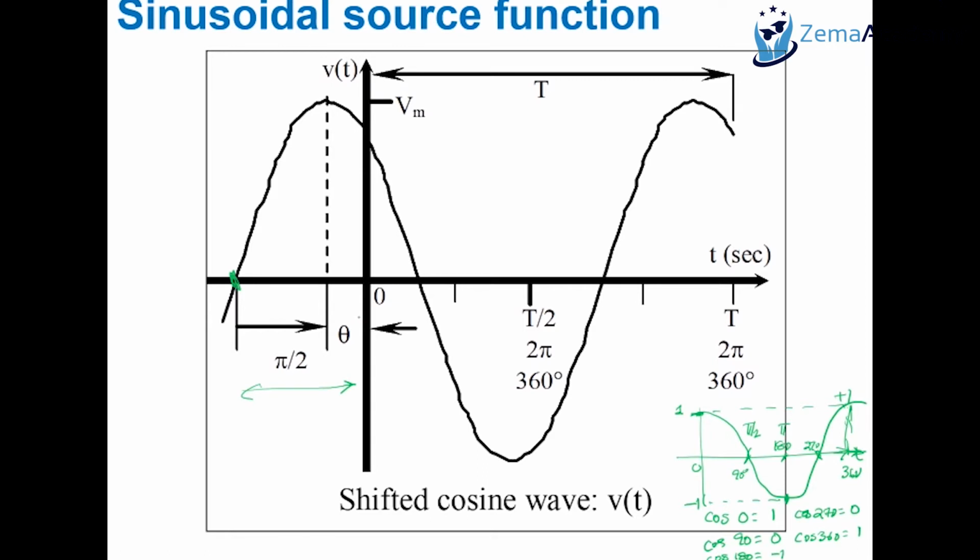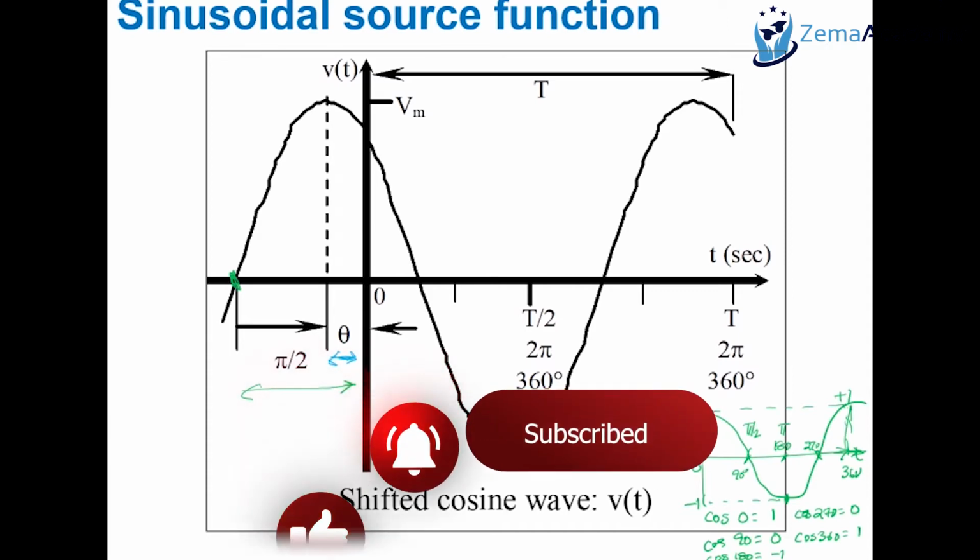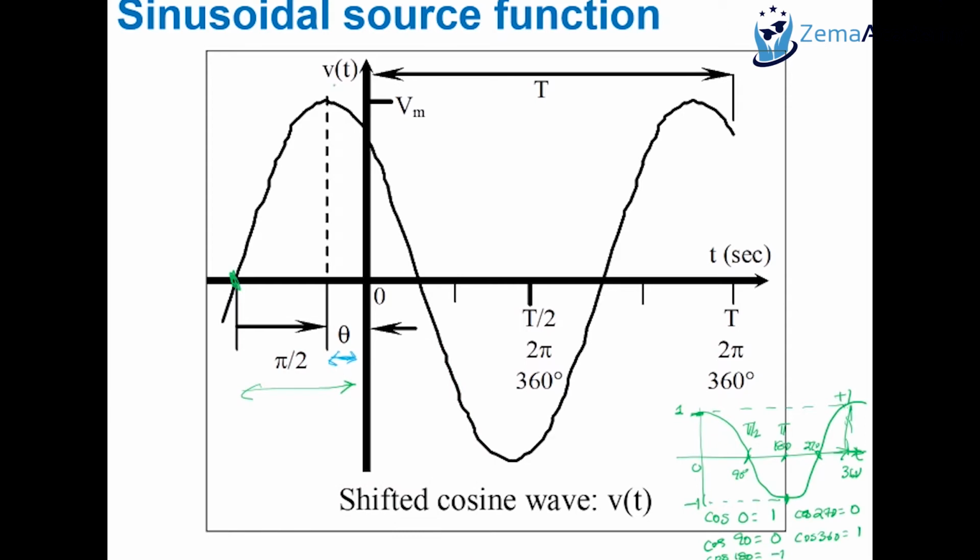So for now, all you need to remember is that difference of theta. When somebody is looking at this waveform, you can look at it as a cosine wave that starts at this point, which has been moved from the origin to the left by a certain angle theta. And that can be written as cosine omega t plus or minus theta.